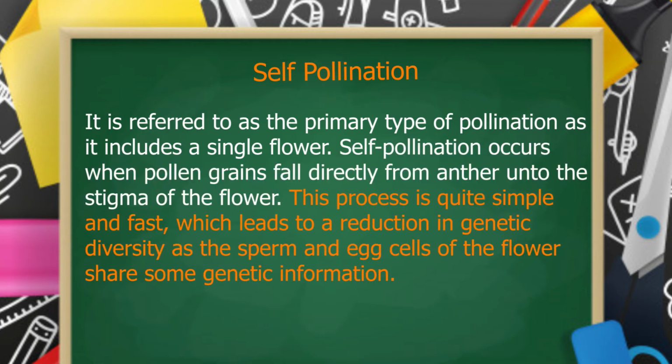This process is quite simple and fast, which leads to a reduction in genetic diversity, as the sperm and the egg cells of the flower share some genetic information.